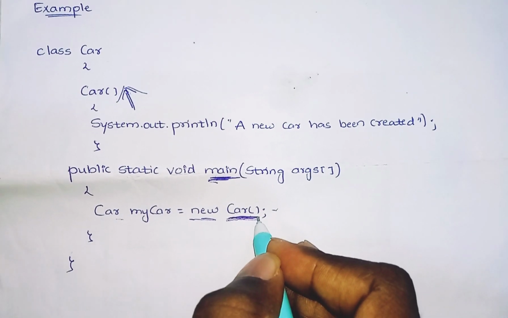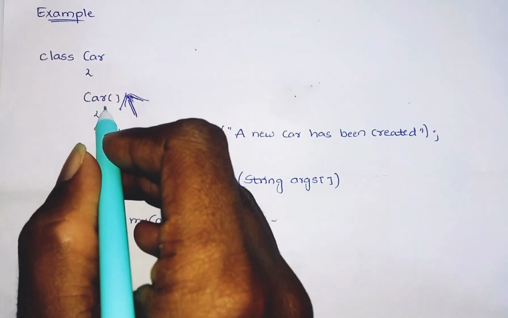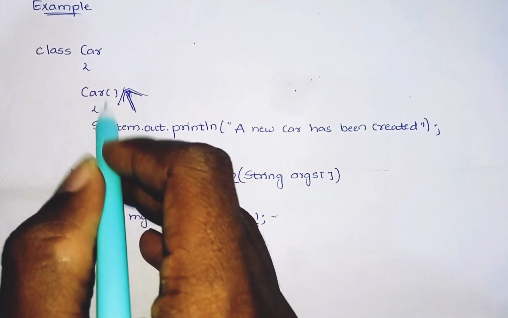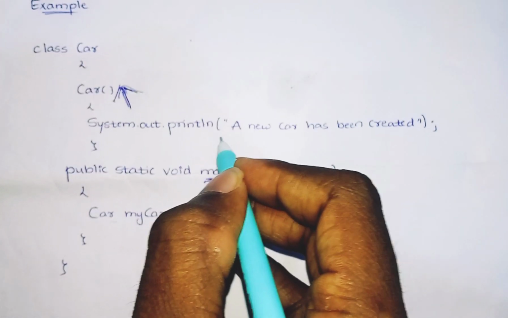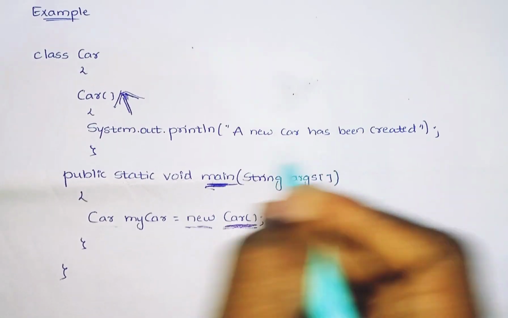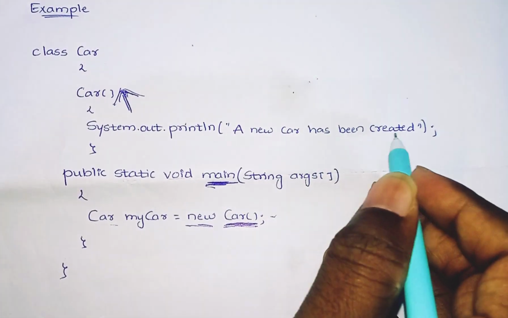So the moment you create an object, this Car constructor gets called. This special method gets called, and whatever you write inside the constructor block gets executed. Here I am going to print System.out.println, a new car has been created. When you execute it, you get the output: a new car has been created.